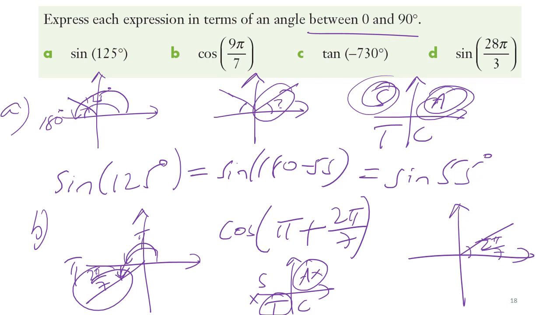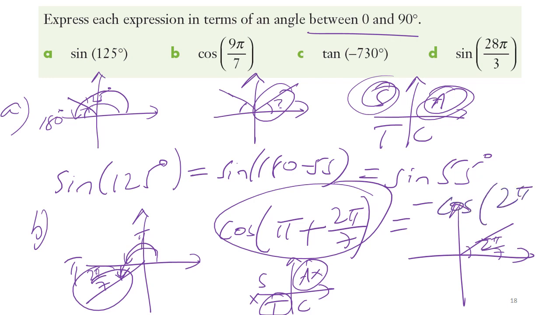So the angle at the third quadrant is going to be the opposite of cos 2 pi over 7 at the first quadrant. So your answer would be negative cos 2 pi over 7, because the signs are opposite between these two quadrants.